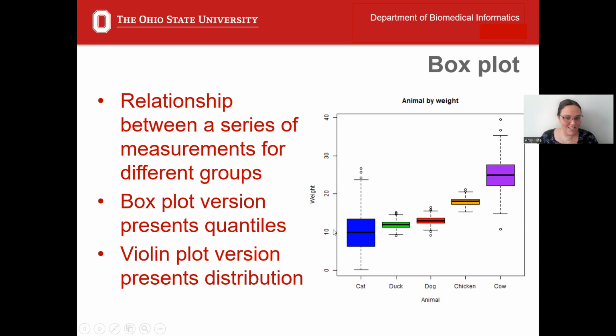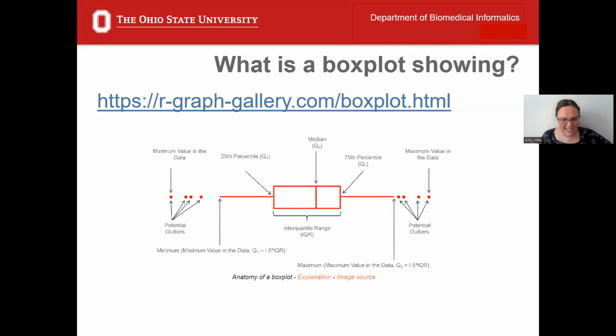This is a box plot version. You can also have violin plots, which would actually have density plots on either side rather than just a box. So that's an option. This is explaining what a box plot is showing.